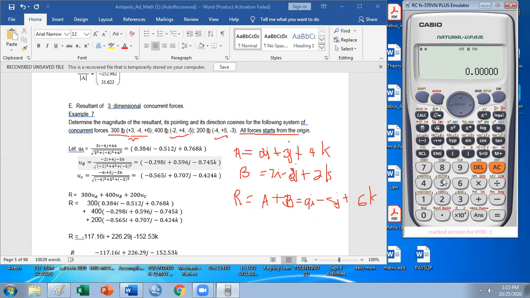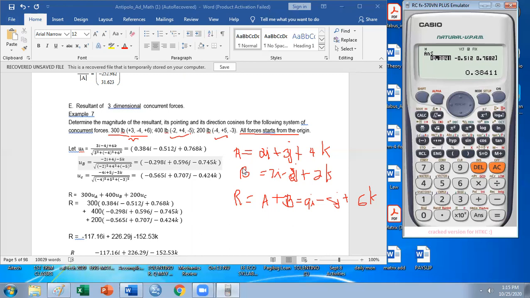So, that is shift 5, vector A, divide mo siya by absolute value of vector A. So, yan yung unit vector. Ito yung unit vector niya, 0.381, negative 0.512, and so on.